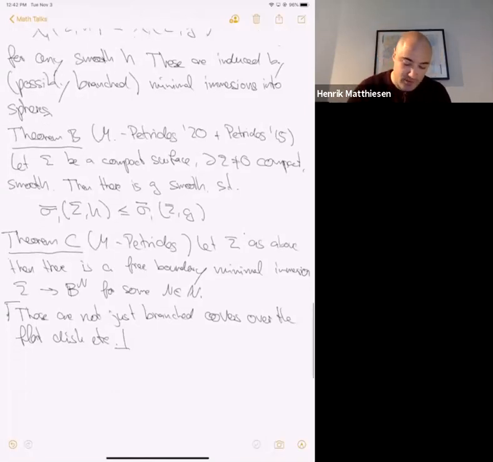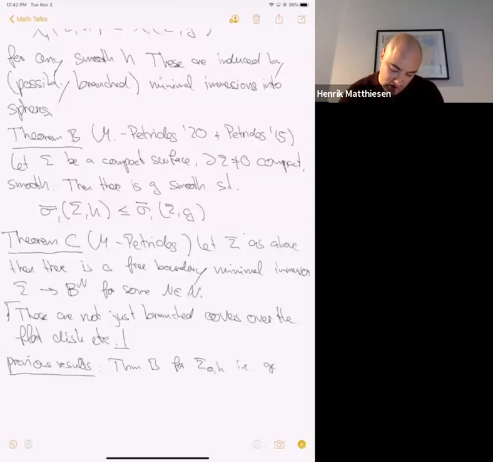Okay, so let me mention some previous results here. First of all, theorem B in the case of a surface of genus 0, i.e. genus 0 and at least one boundary component.